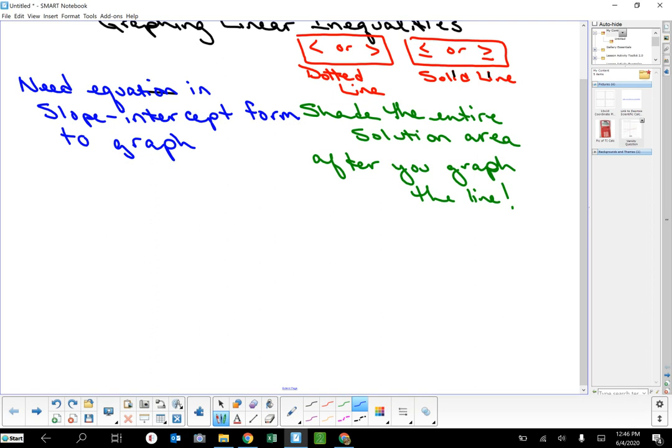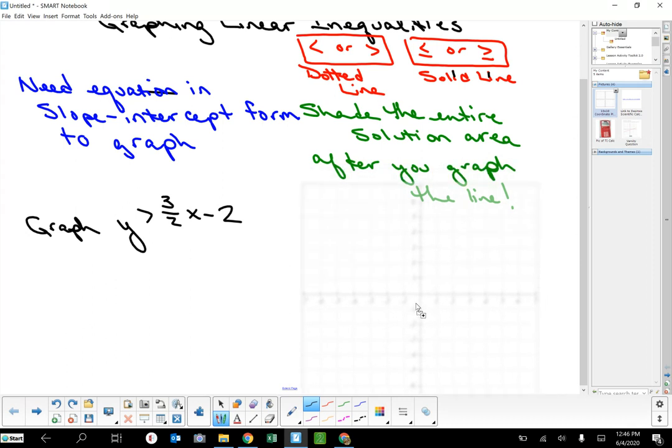So the first equation is going to be graph y is greater than 3/2 x minus 2. So this is already in slope-intercept form. So you're going to do what you normally would. Let me throw a grid down in here.